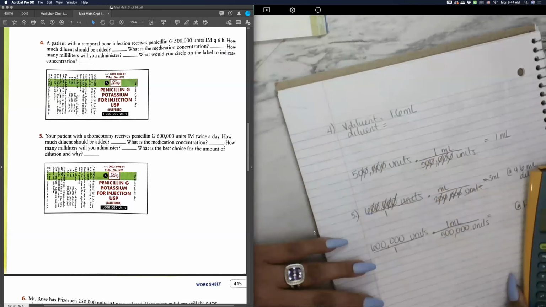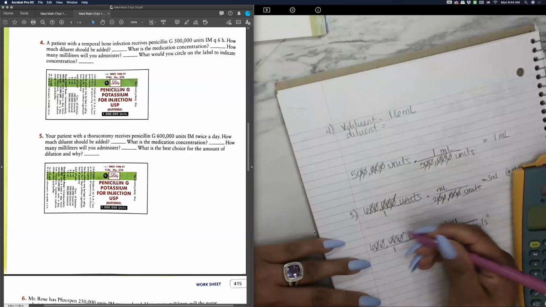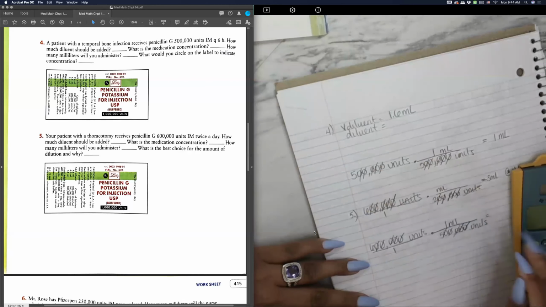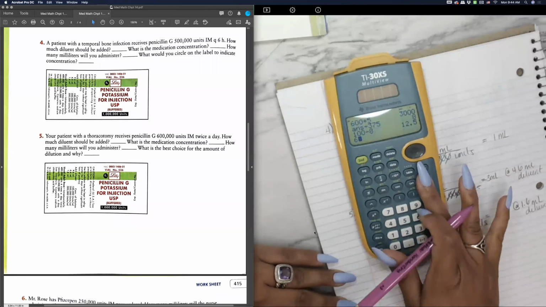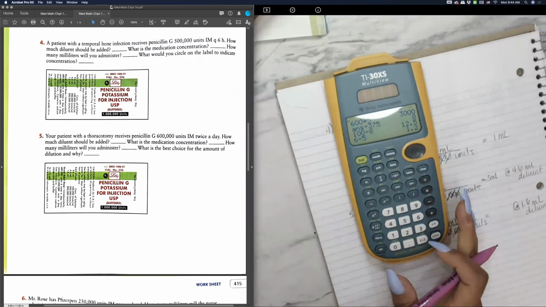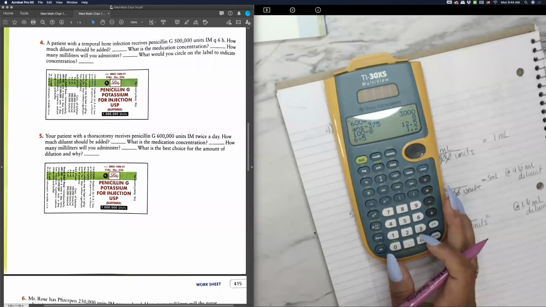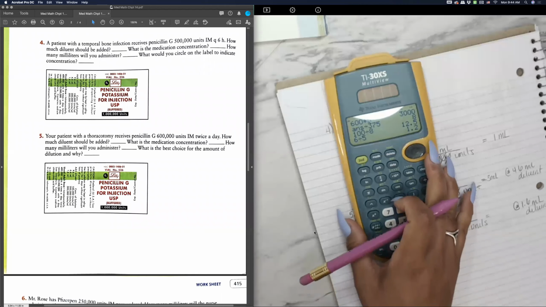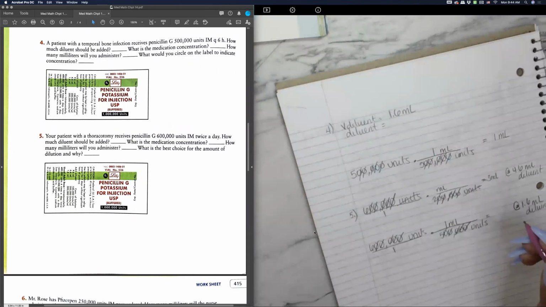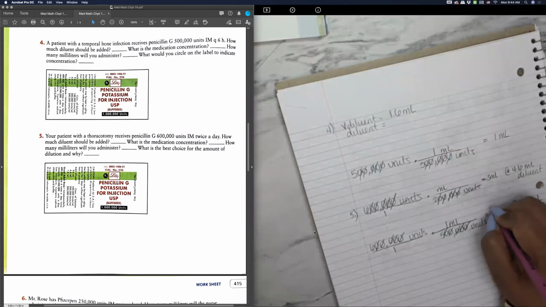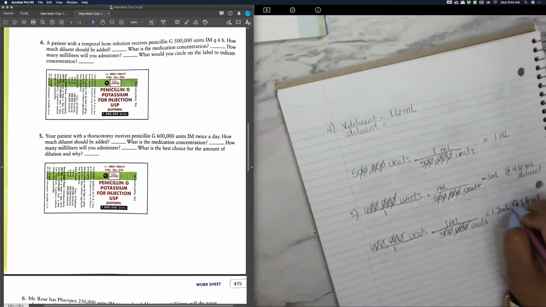Right, so you're left with 1, 2, 3, 4, 5, 1, 2, 3, 4, 5. We're going to take 6 divided by 5, and that's going to give me 1.2 milliliters.